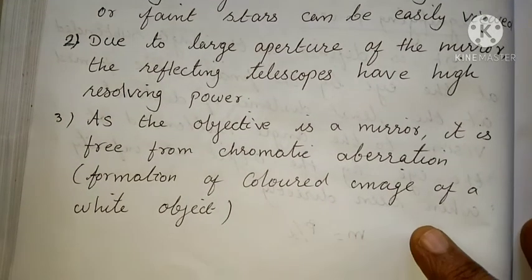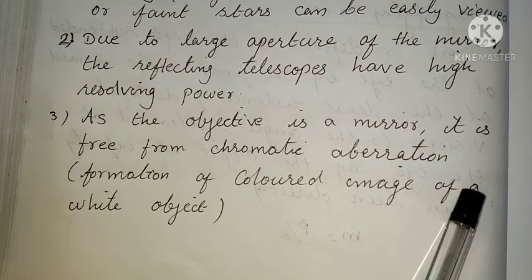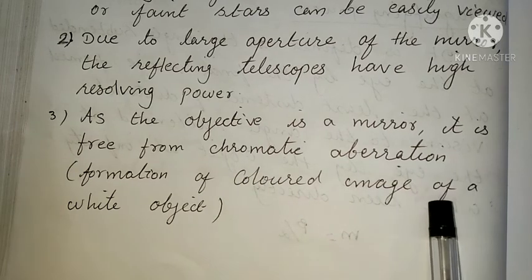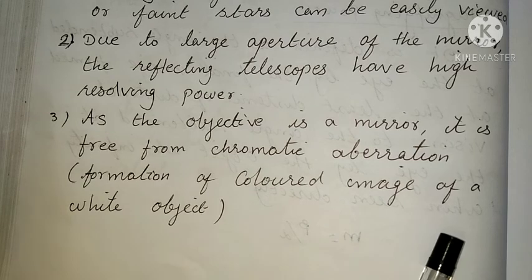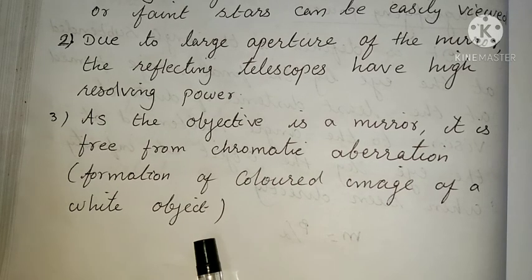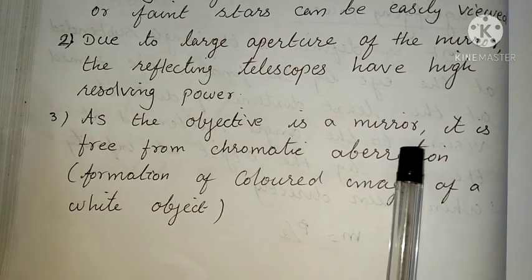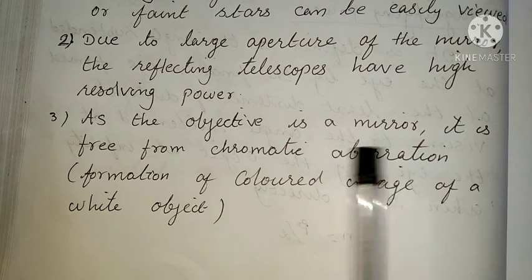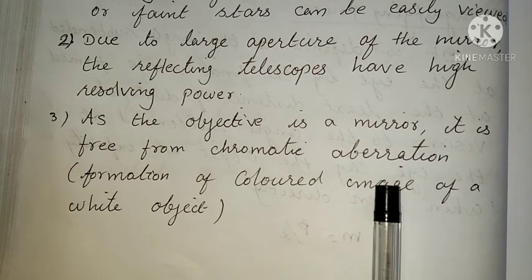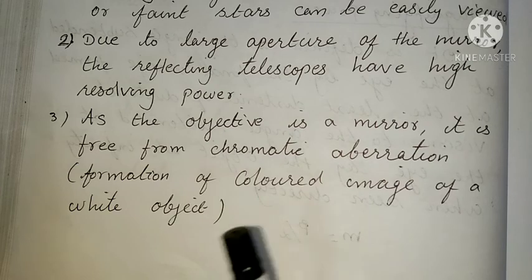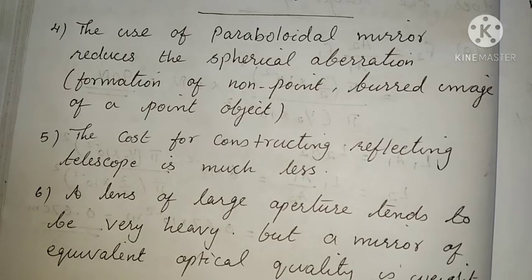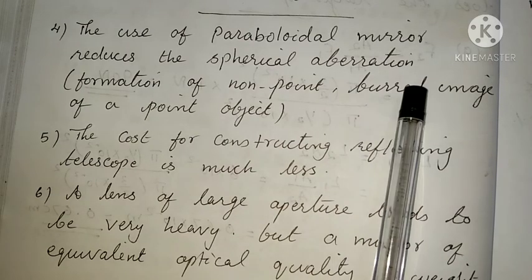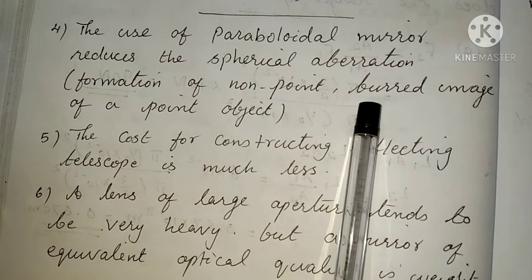Then the third point, as the objective is a mirror, it is free from chromatic aberration. What is chromatic aberration? It is the formation of a colored image of a white object. Here the objective is a mirror, so it is free from chromatic aberration. There is no formation of a colored image of a white object. Clear? The fourth point, the use of a paraboloidal mirror reduces the spherical aberration.